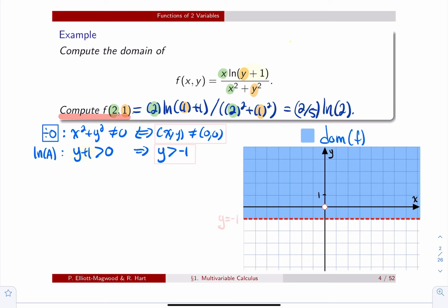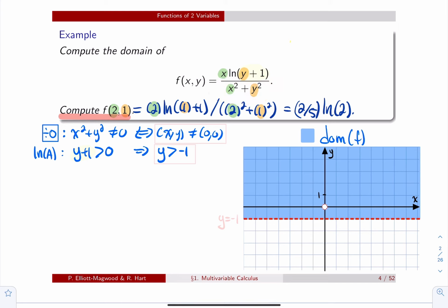Now for the domain. The first thing that I can see in this question is there's a denominator. As soon as you have an expression with denominators, you need to make sure that these denominators cannot be equal to 0. So my first restriction is division by 0: when is x squared plus y squared equal to 0?